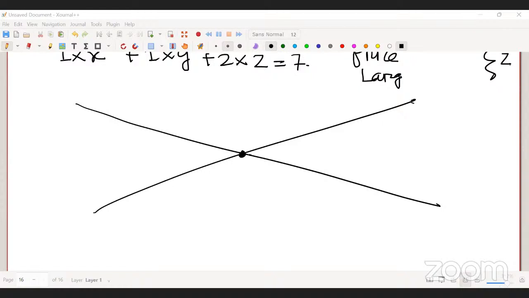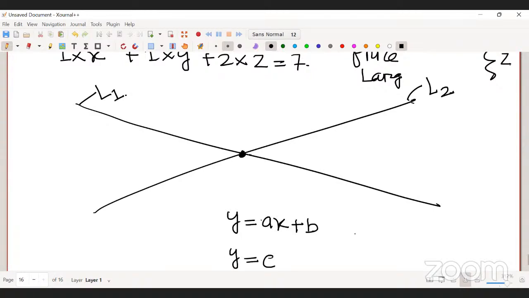So that is what the hint is saying, that if a system of linear equations has a solution, then the point corresponding to the solution must lie on the plane corresponding to each linear equation of the system. Basically, suppose you have a line, this is my line L1, and this is my line L2. Suppose L1 is y equal to ax plus b, and L2 is y equal to cx plus d.